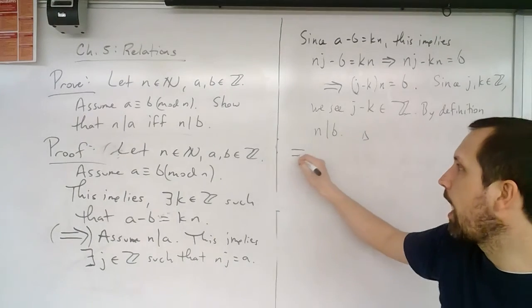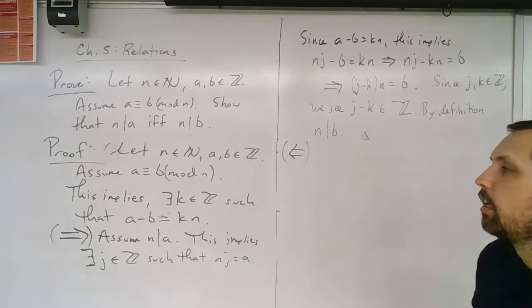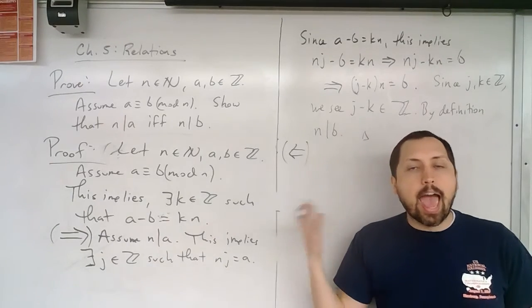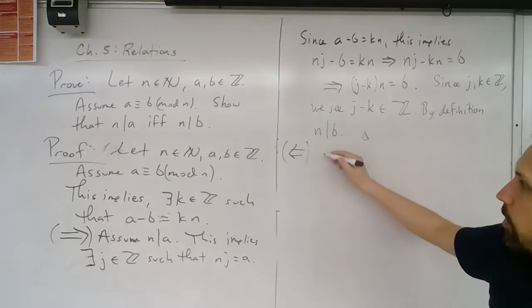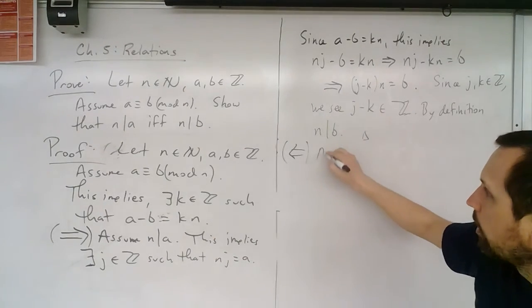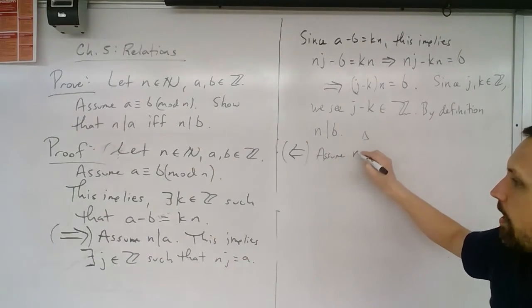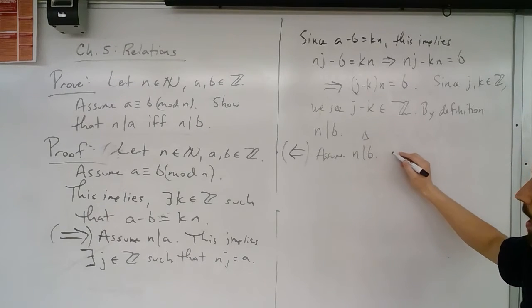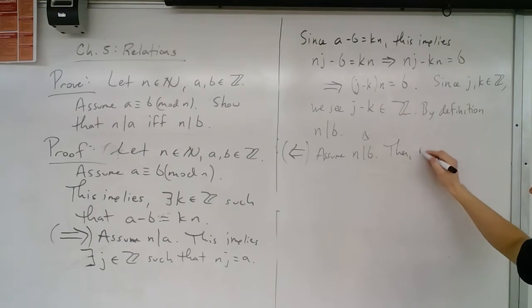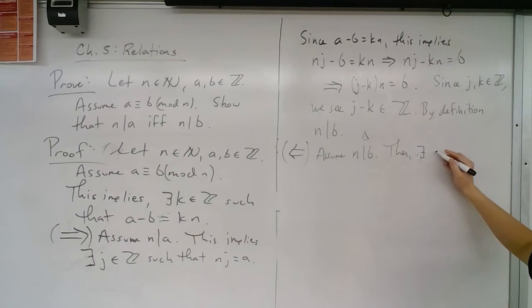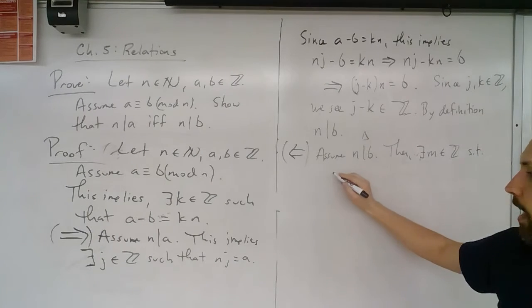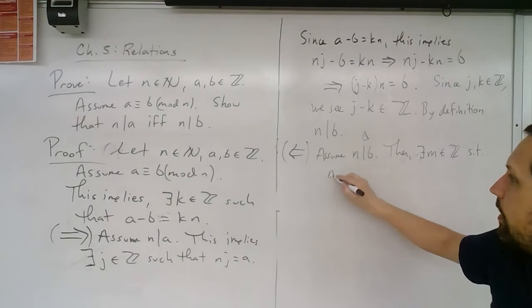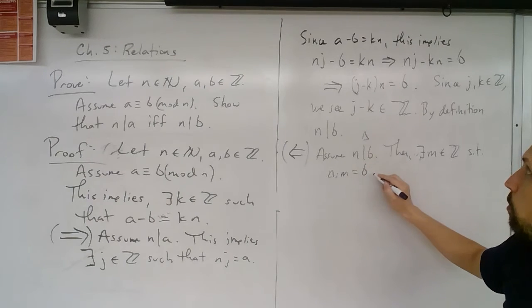So now we can prove the opposite direction. But as you would expect, this is going to be very similar to this forward direction, where now we're going to assume that n divides b, and then there exists some integer, say m, in the integers, such that n times m is equal to b.